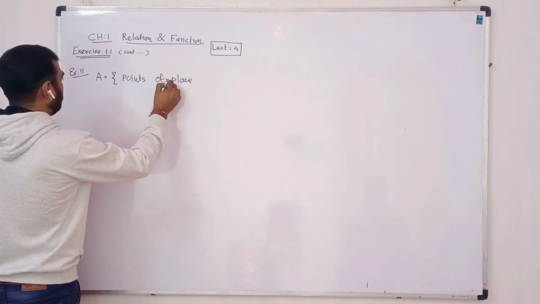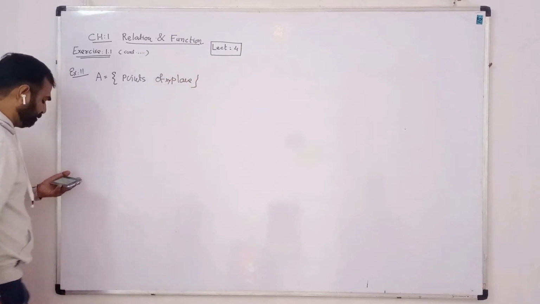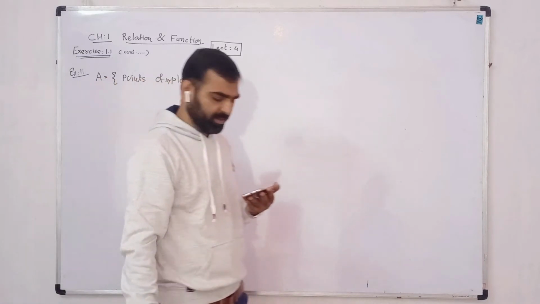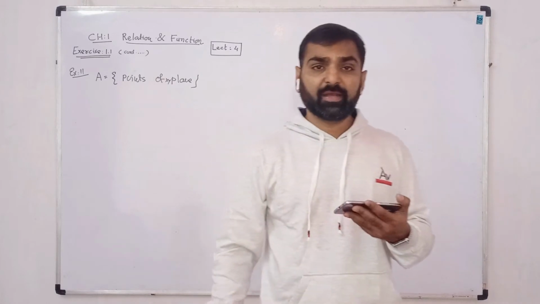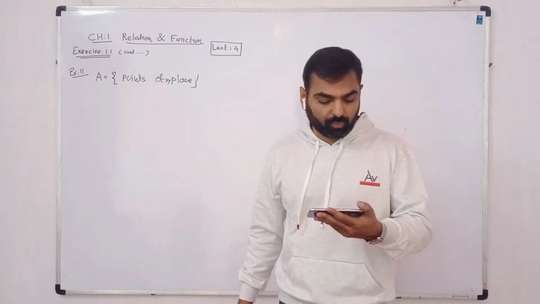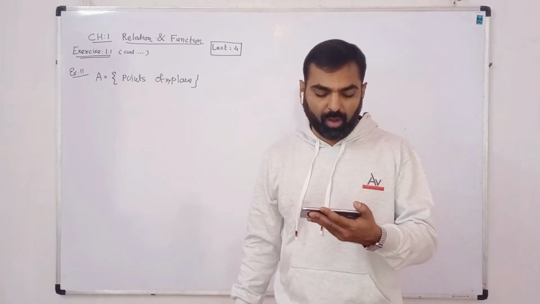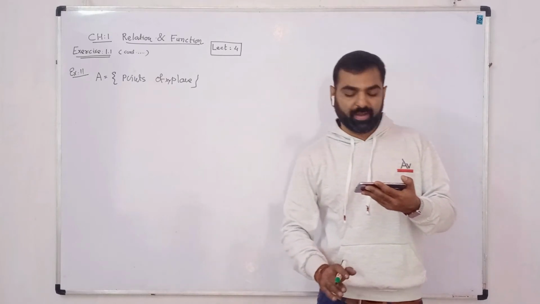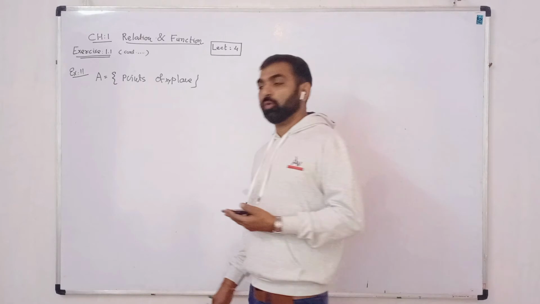We are talking about the XY plane, all the points in this plane. The relation R is given as: PQ where the distance of the point P from the origin is the same as the distance of the point Q from the origin.